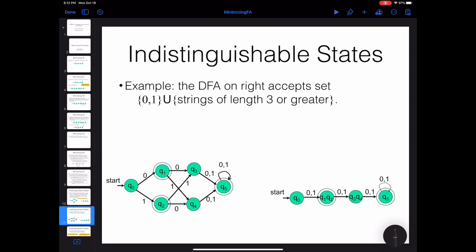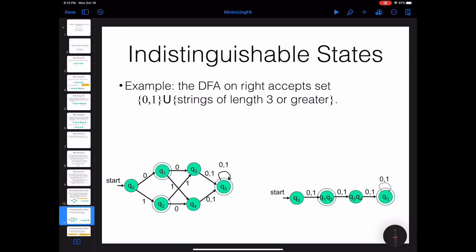Look at another example. This finite automaton is going to accept all binary strings which are either 0 or 1, or at least have length 3. As you can see, over 0 or 1, it goes to Q1 and Q2, both of them accepting.